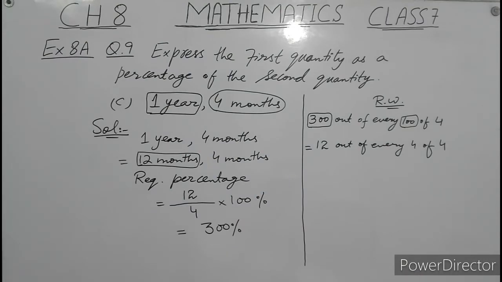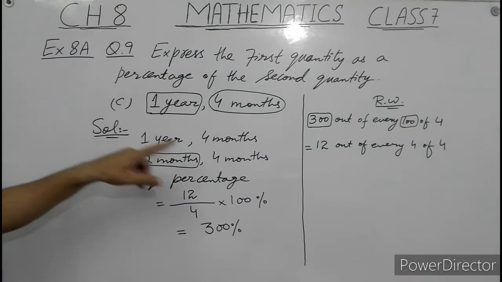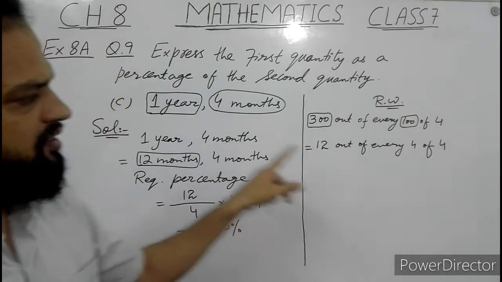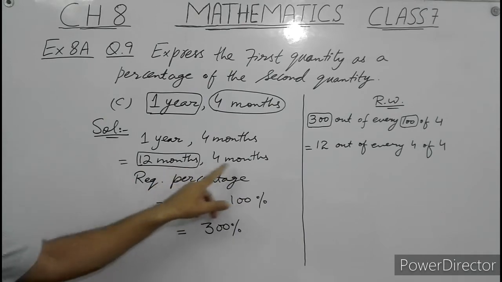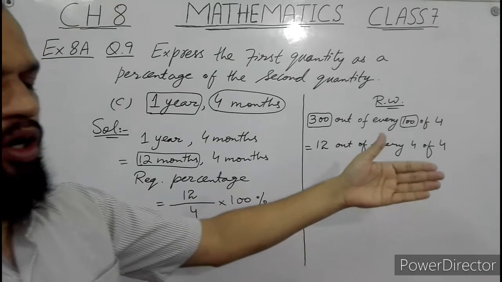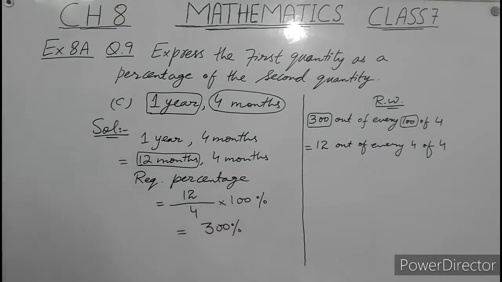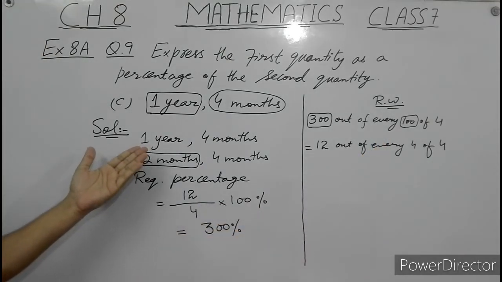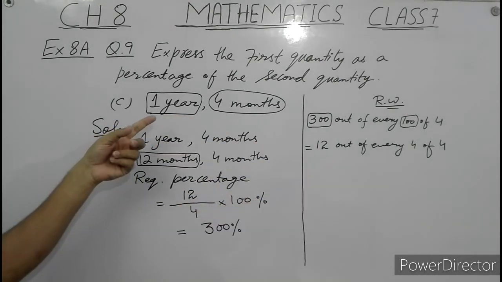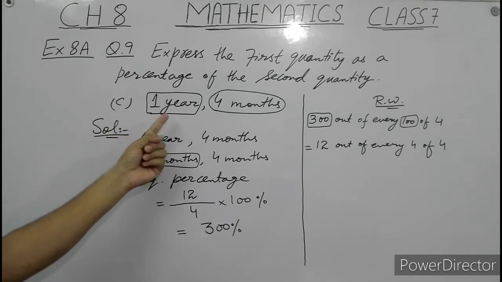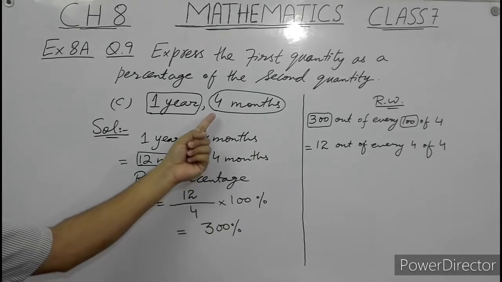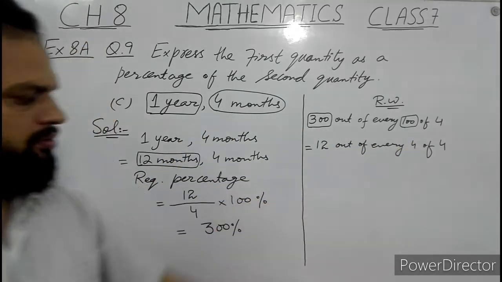You can see that the units are months: 12 months out of every 4 months of 4 months. So 12 months will become 1 year. We were asked to form the percentage of the first quantity, 1 year, which is 12, of the second quantity, which is 4.